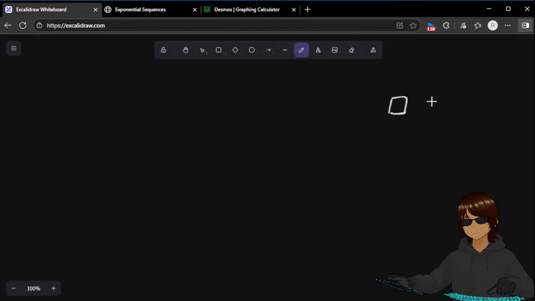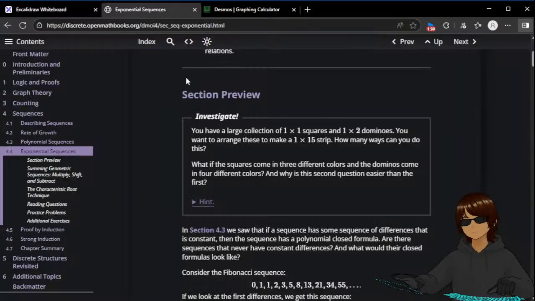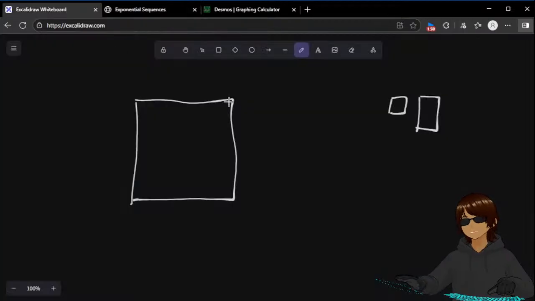So we have 1 by 1 squares and 1 by 2 dominoes. Let's represent dominoes like this. And they said a 1 by 15 strip.